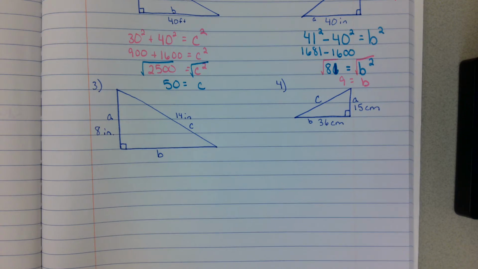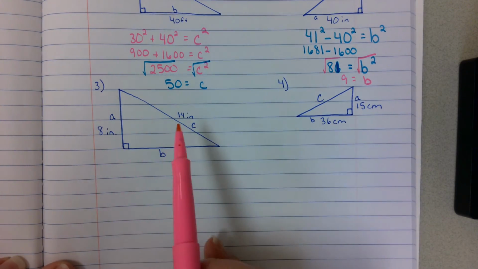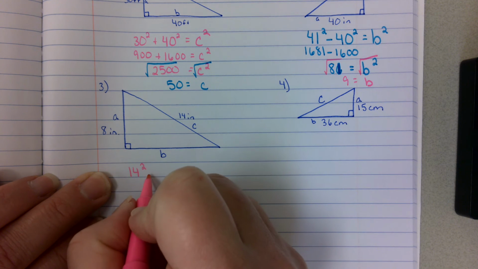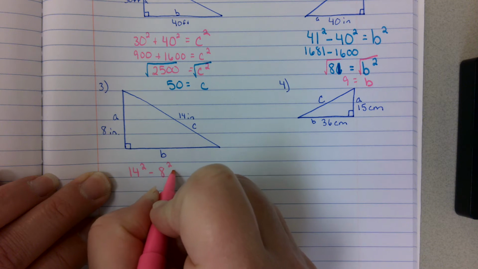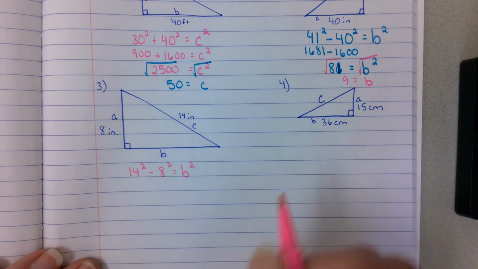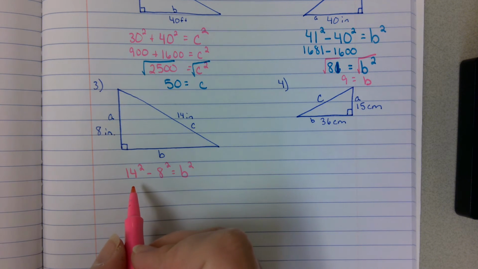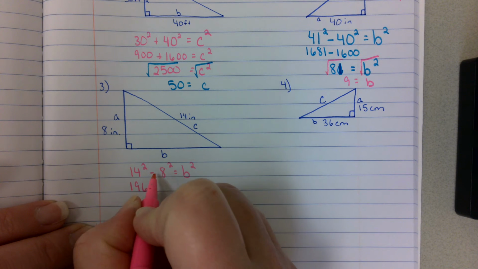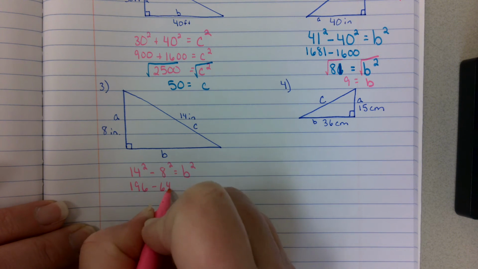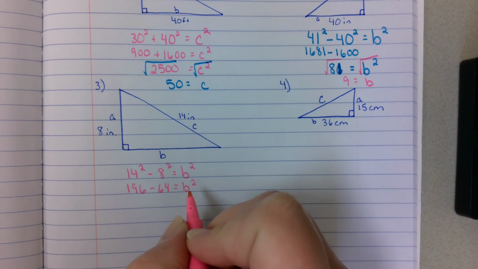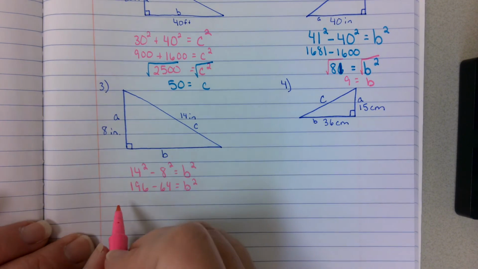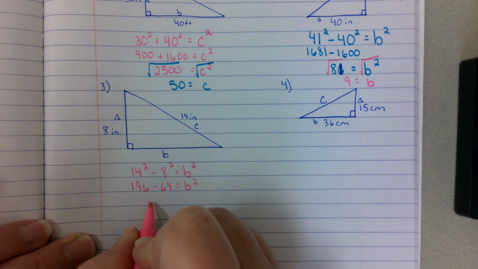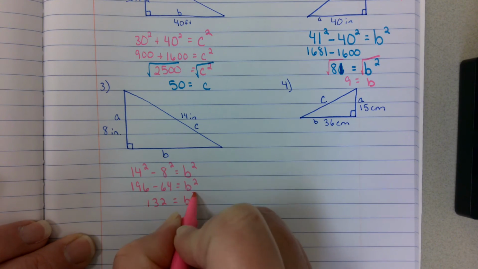All right, number 3. I'm going to use that same formula. So right here, I'm going to say 14 squared minus 8 squared is equal to b squared. So then we need to do 14 squared equals 196 minus 8 squared, 64 is equal to b squared. When I subtract 196 minus 64, 132 is equal to b squared.